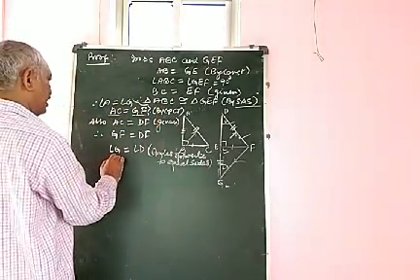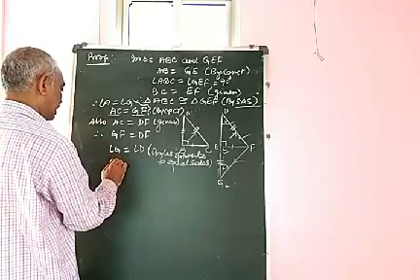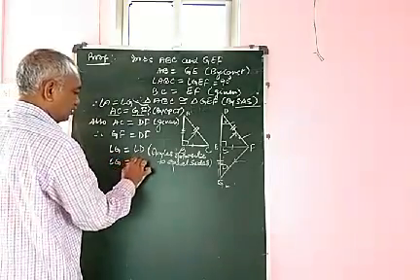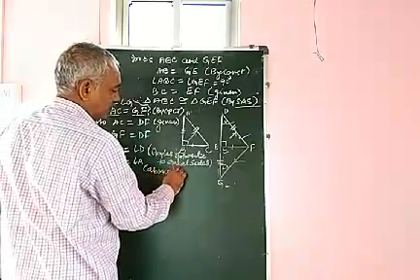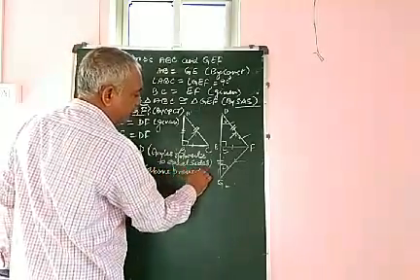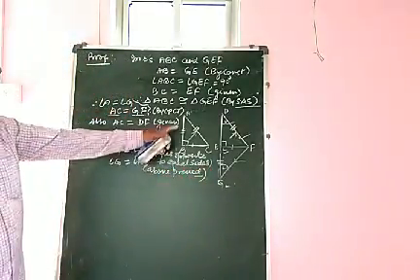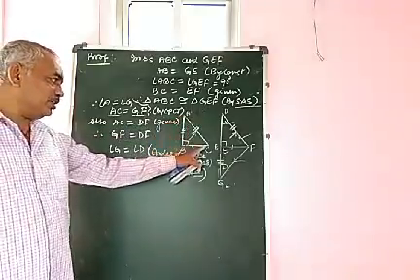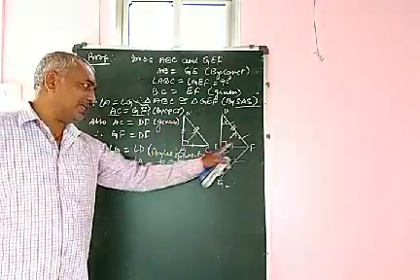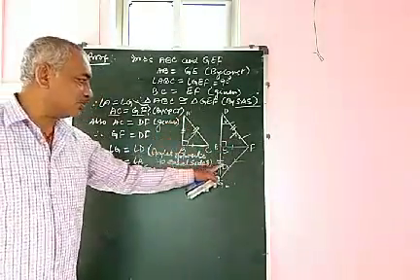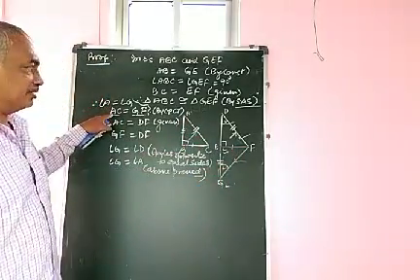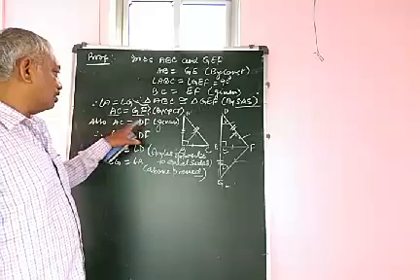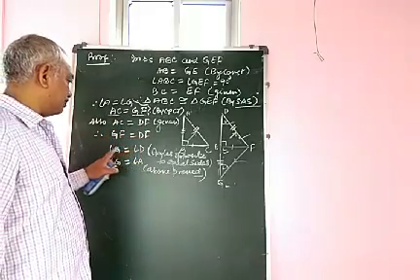Angle G is equal to angle D, proved above. Now AC is equal to GF and AC is equal to DF.